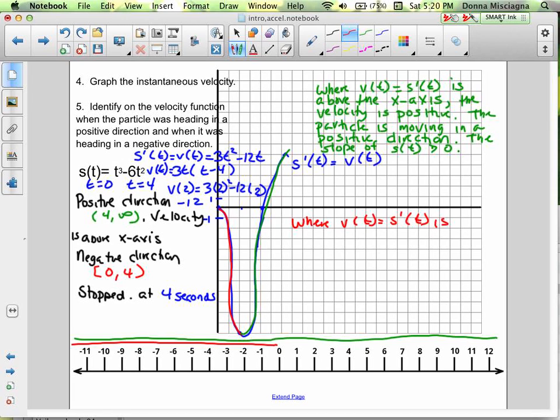All right, so here, where v of t, which is the derivative of the position function, is below the x-axis, the velocity is negative. The particle is moving in a negative direction.